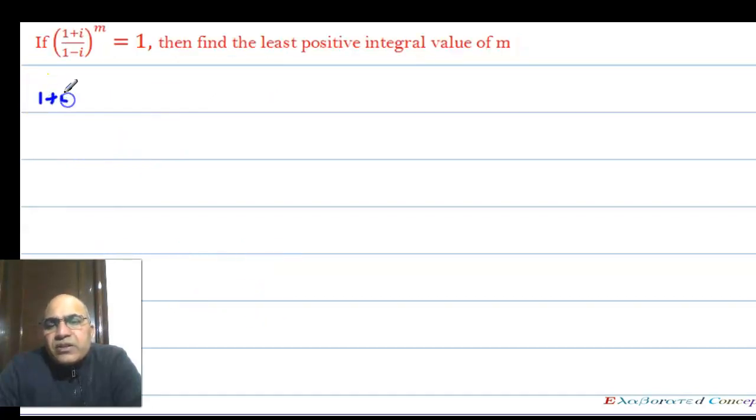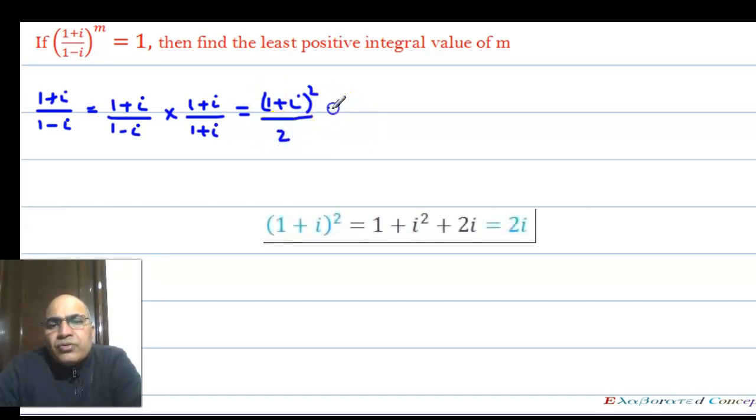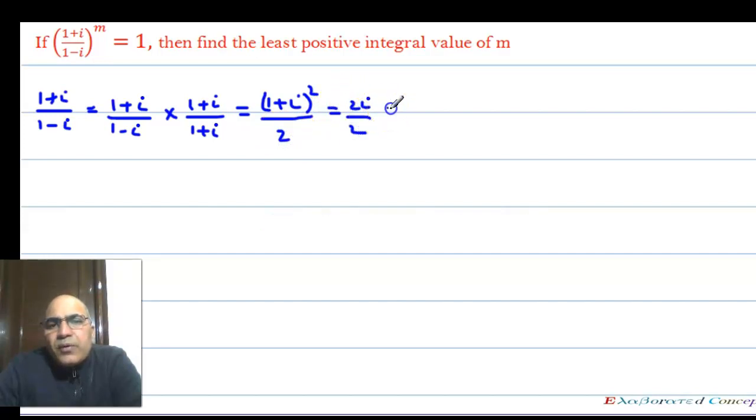In the next question, 1 plus iota upon 1 minus iota is equal to 1 plus iota upon 1 minus iota into 1 plus iota upon 1 plus iota. Realizing this expression, we get 1 plus iota whole square upon 1 plus 1, which is 2. 1 plus iota whole square is 2 iota. 2 iota upon 2 equals iota.